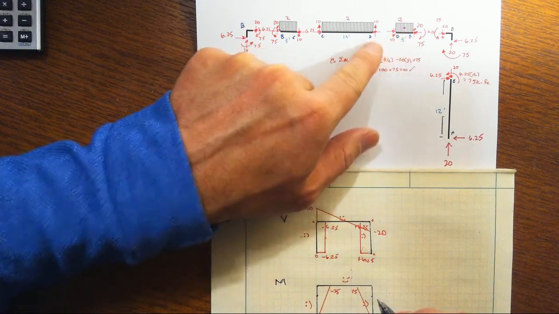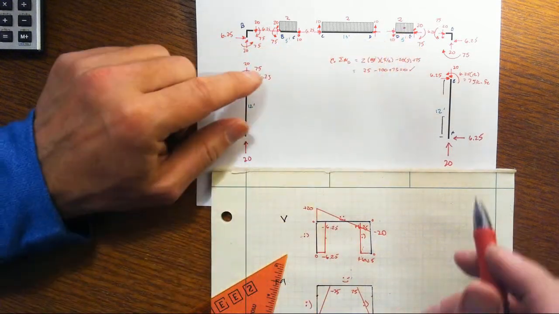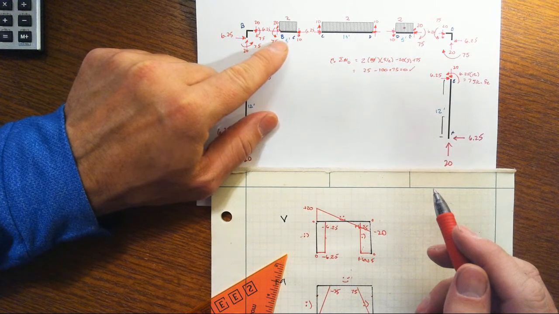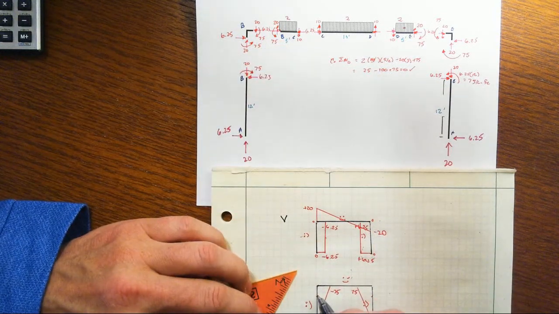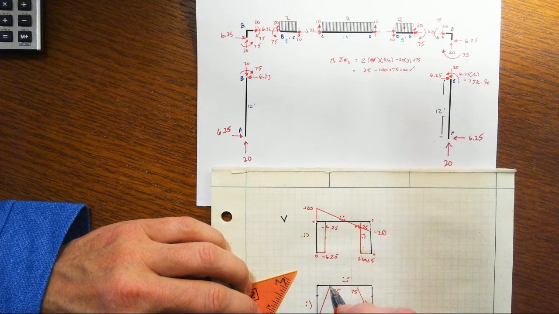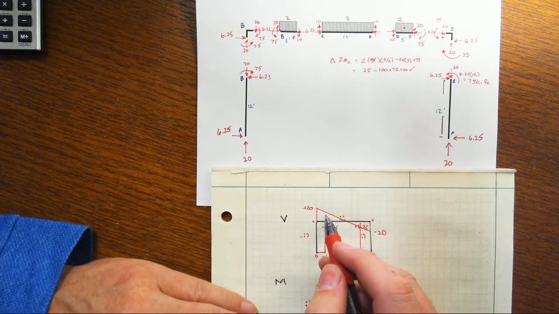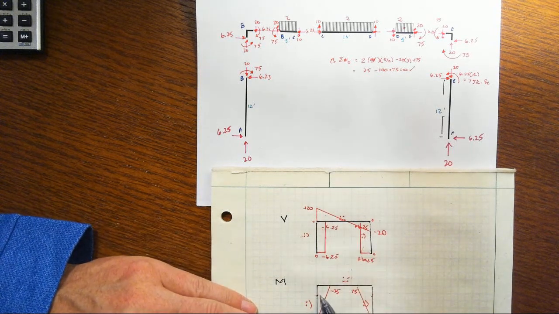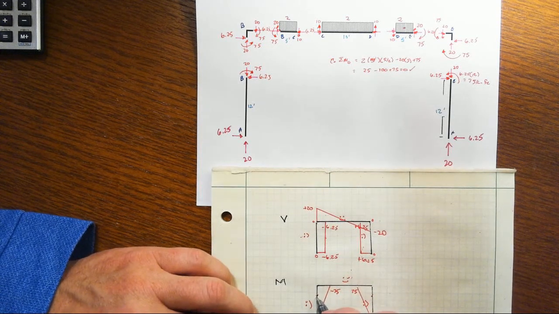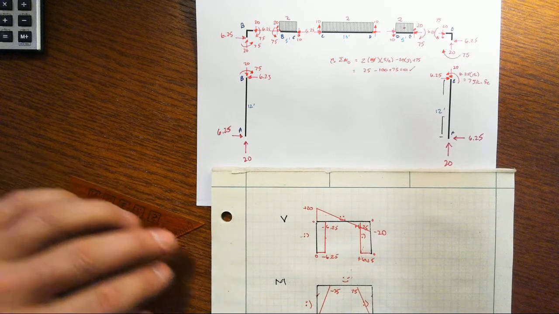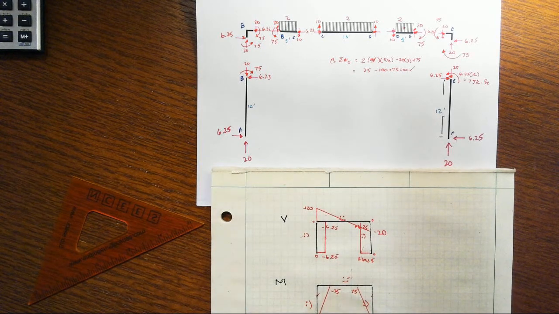We need to pass through 0 at 5 foot over, and we do already know that it does because we've worked on this before, but we know that we're going to have a big positive slope. It's going to pass through 0 there. The shear diagram is first order, so this then is going to be second order, and it's going to be a nice, wonderful little parabola. Let's not freehand it. Let's instead get our French curve out.